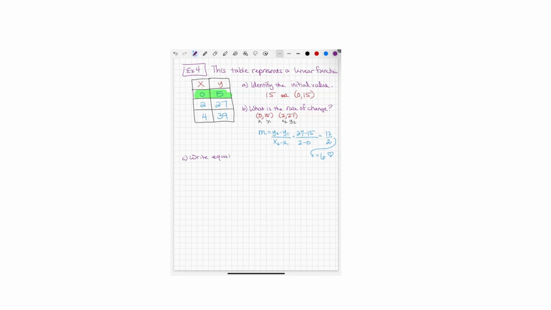Write the equation of this linear function. Got a y equals 6x plus 15.